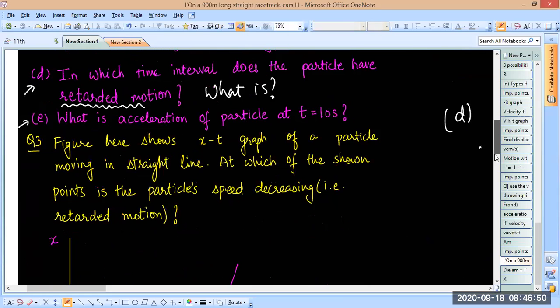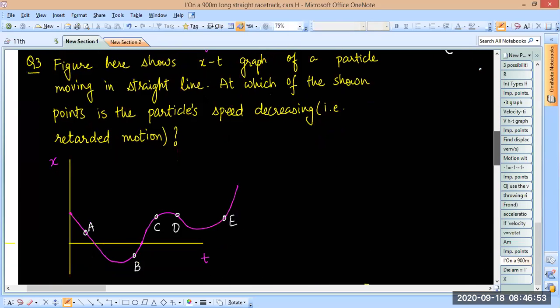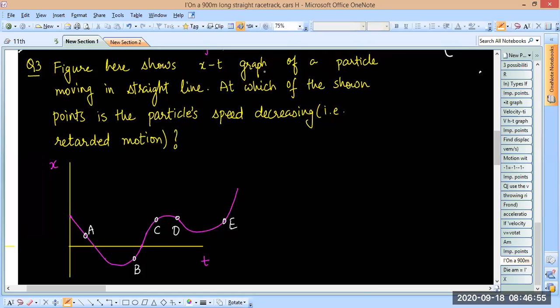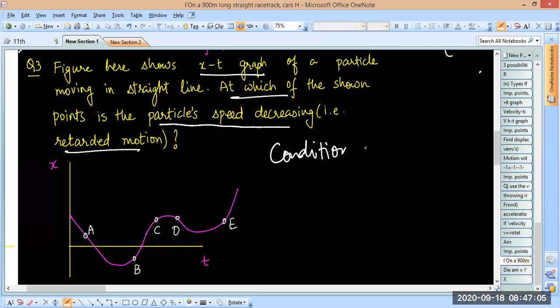Okay. Now question 3. The figure shows an xt graph. At which point is the particle's speed decreasing, that is, retarded motion? What's the condition for retarded motion? When do you say it is retarded motion, or when does speed decrease?